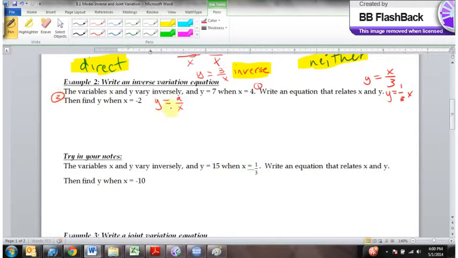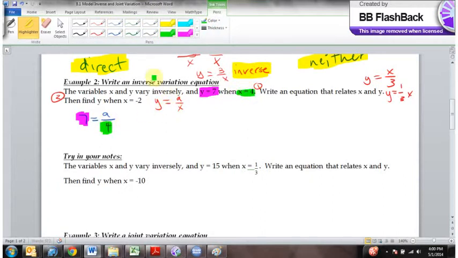Well, I kind of have an equation. The only thing I don't know is its constant of variation. So I'm going to plug in x and y and figure out what a is. So 7 equals a over 4. I plug in y and x in my formula up here, in my inverse variation.